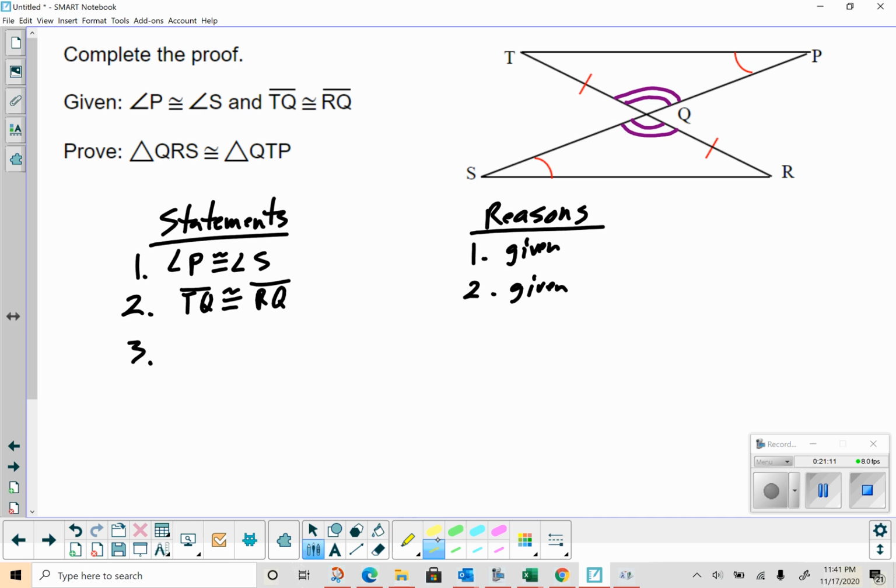Angle Q, huh? Do you mean this angle Q? Or, wait a minute, maybe you mean this angle Q. We can say angle S and angle P because there's only one angle that uses S as the vertex.